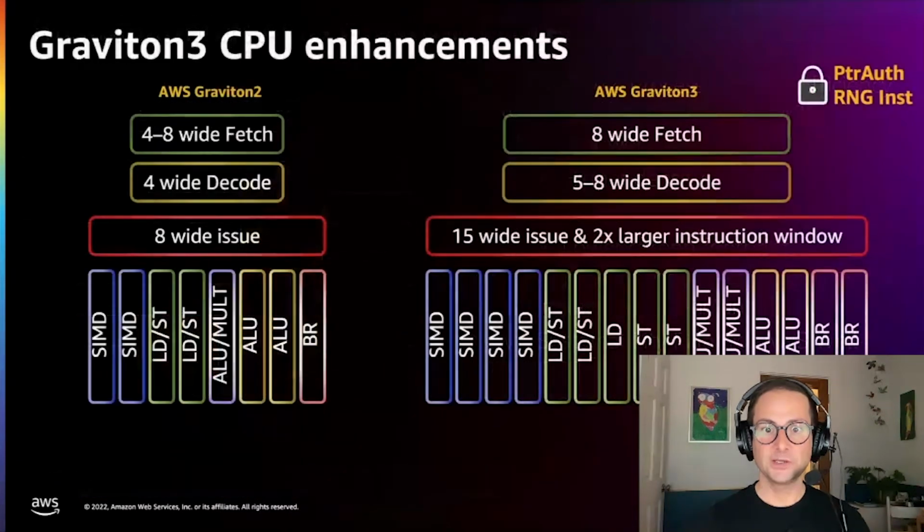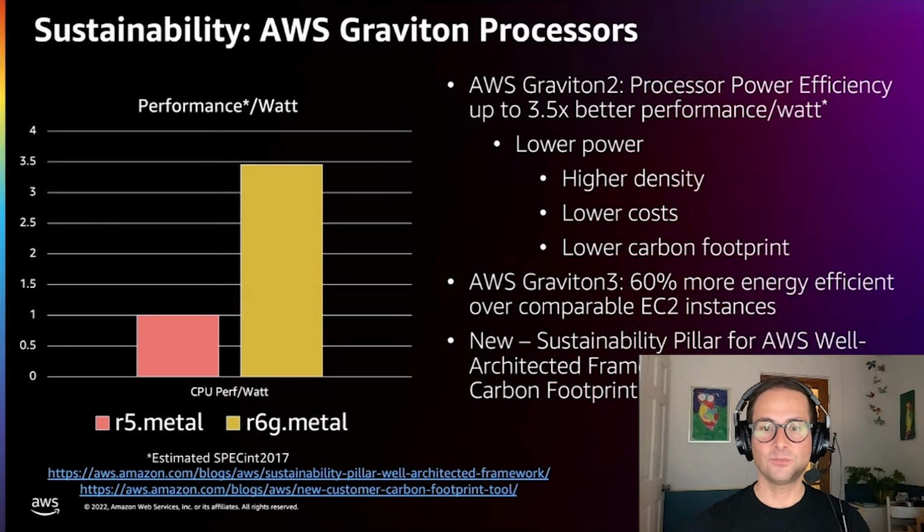With Graviton3, we are now doing even better, 60% more energy efficient. And for you to be able to measure the impact of using those instances, we have built a sustainability pillar in the AWS Well-Architected Framework and released a tool, the customer carbon footprint tool, that allows you to measure your carbon footprint on AWS.